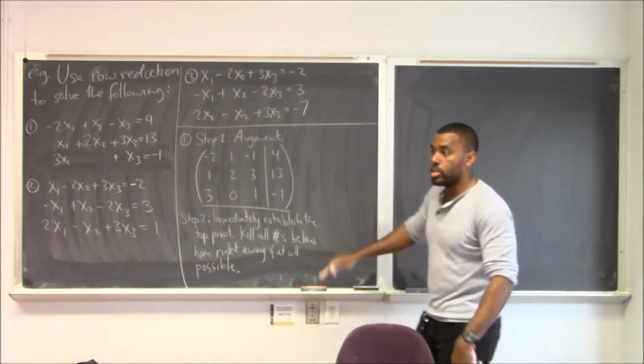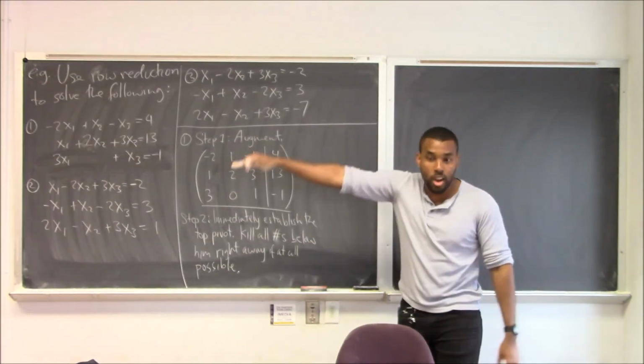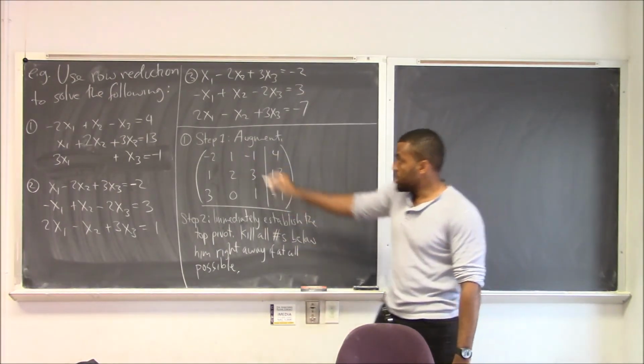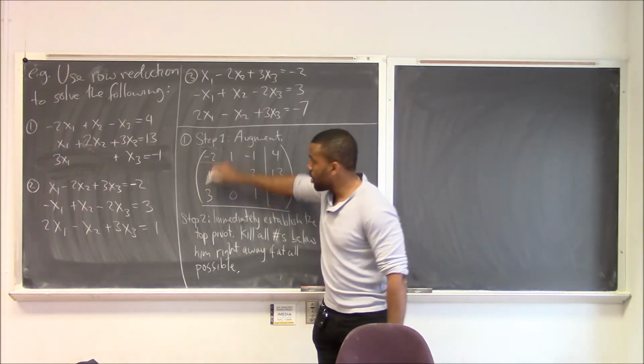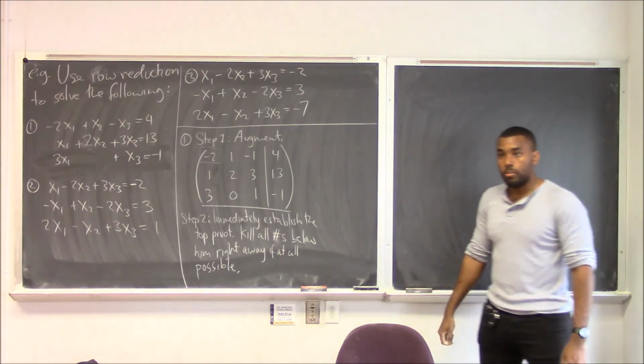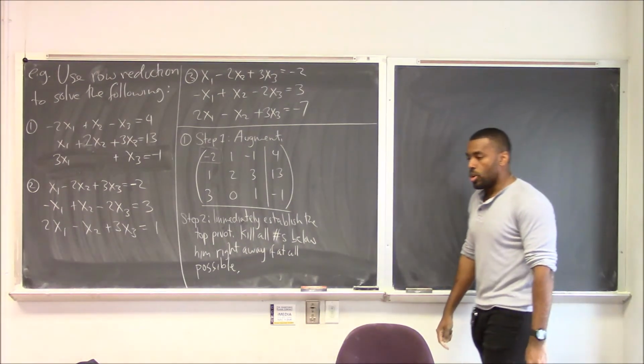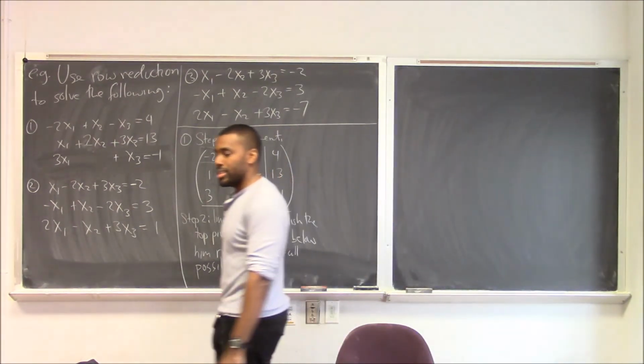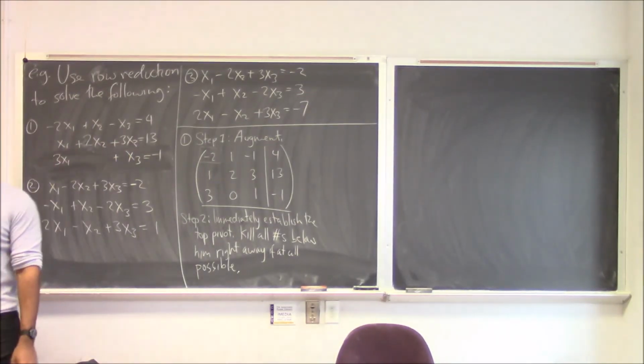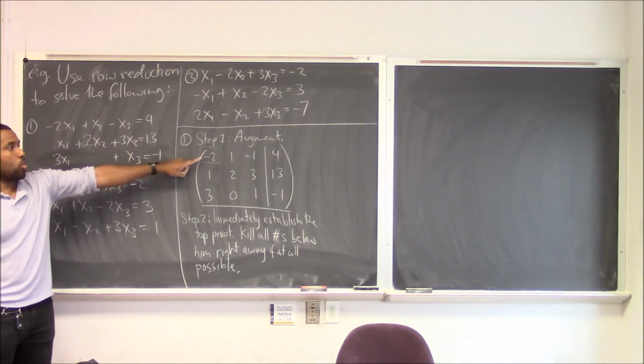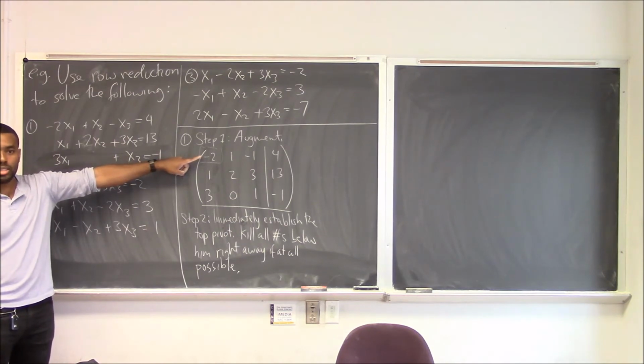The top pivot we know has to be the topmost and in the farthest left corner, right? Which means this position, I want to immediately make a pivot. So you want to really think about the easiest way to accomplish this. So I want that to be a 1. What's the easiest way to get a 1 there? Swap rows.